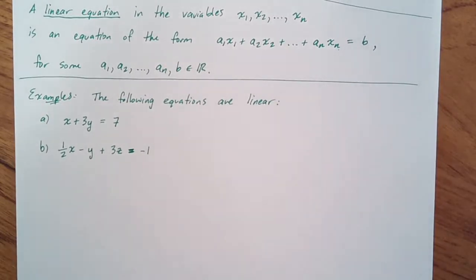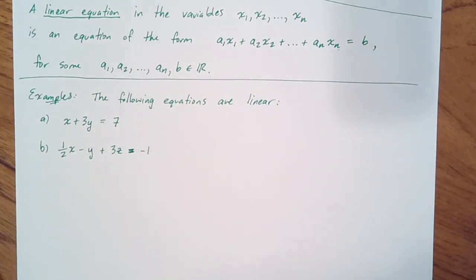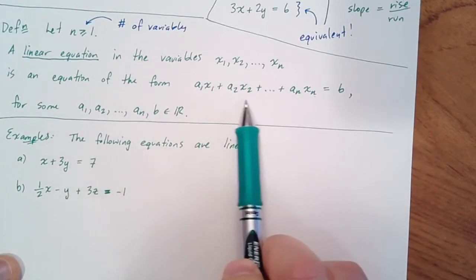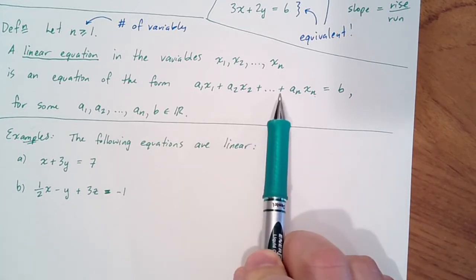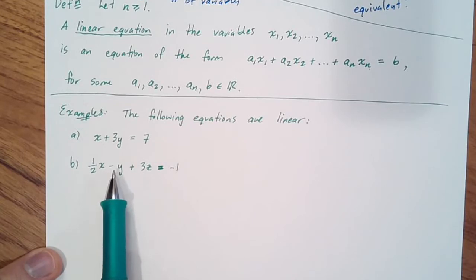That's okay. And notice actually here, this is the first time you've seen a negative sign in front of one of the variables. Does that mean it doesn't fit this form? Remember, this is the form of a linear equation. Notice that all of these operations between the terms are addition. And does that mean that this subtraction is not allowed?